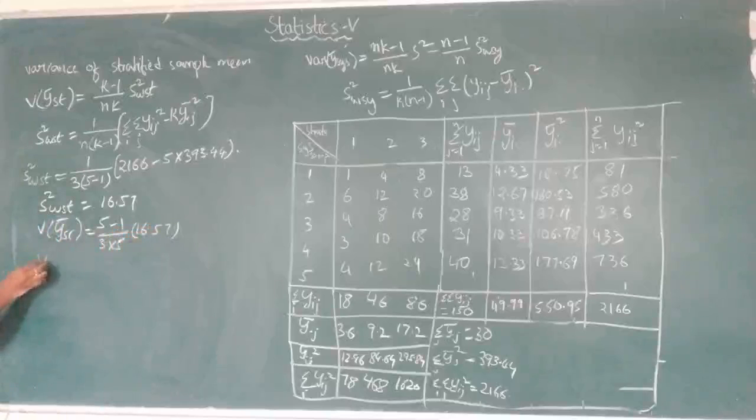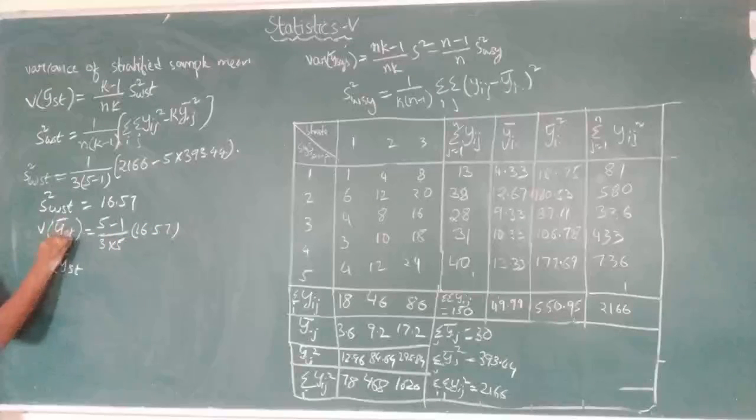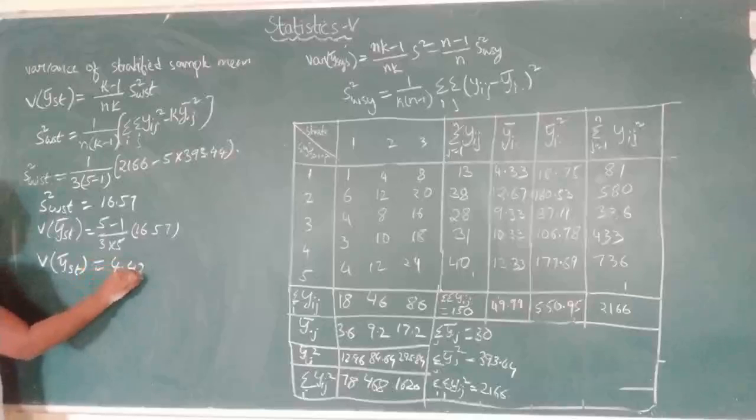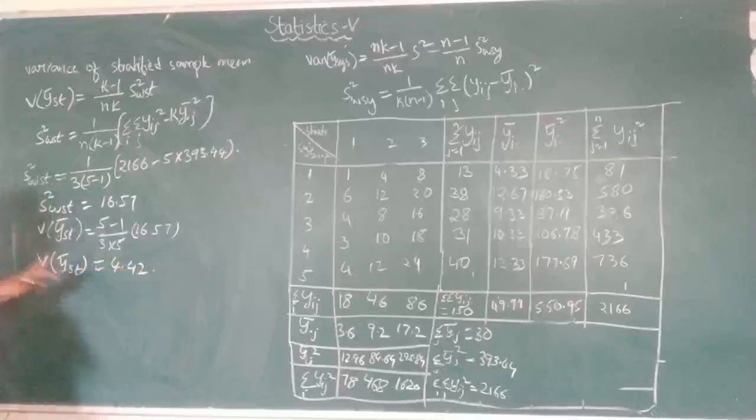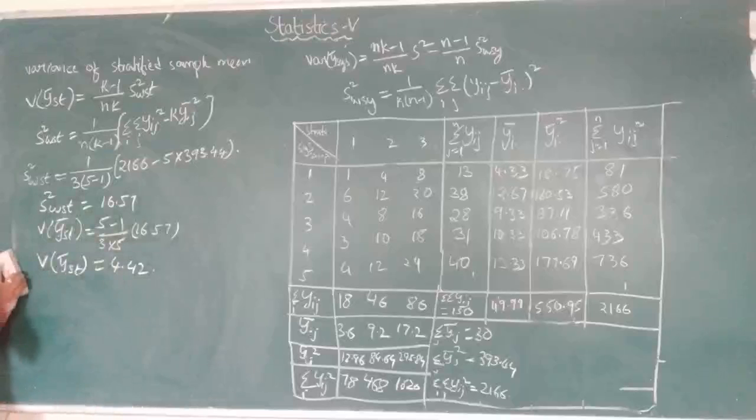So therefore, variance of y bar st, that is for the stratified sample mean, we will be getting as 4.42. So remember the previous random sample variance. This is the stratified sample mean variance. Next we will find the systematic sample variance.